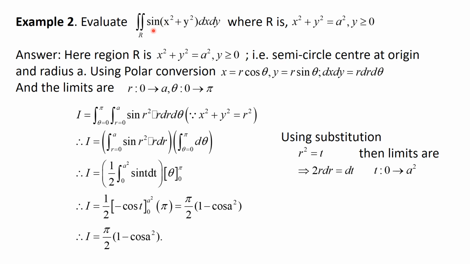Given the function sin of x square plus y square, as we are using the substitution of x and y in terms of r and theta, we know that x square plus y square comes out as r square.